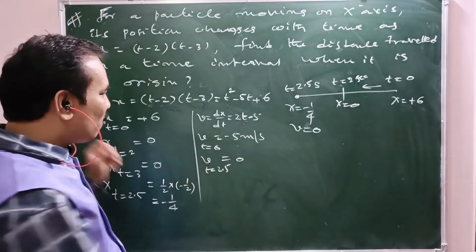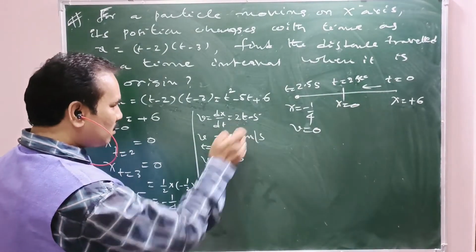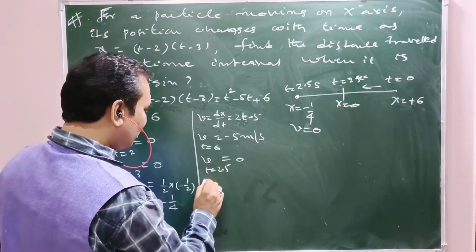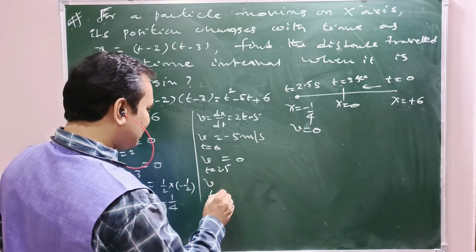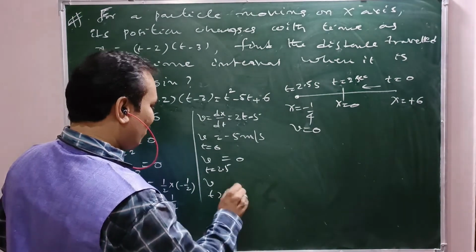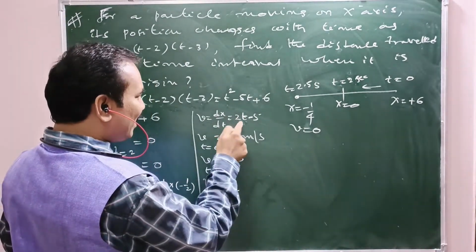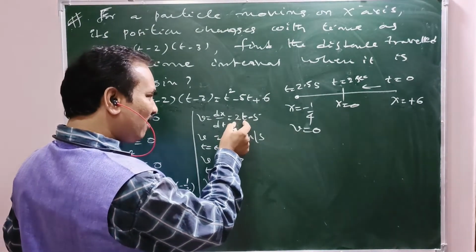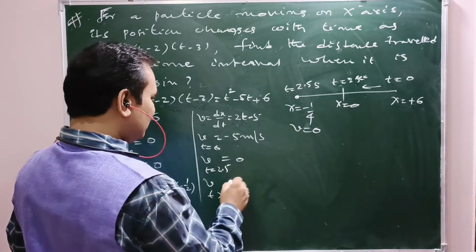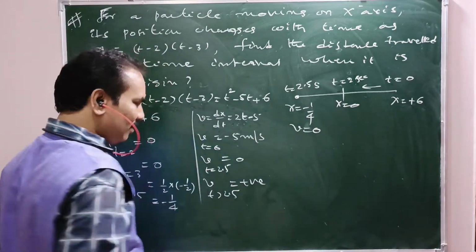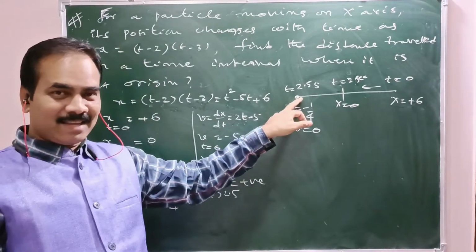If t is greater than 2.5, suppose v at t greater than 2.5, then 2t means more than 5, and more than 5 minus 5 means positive. That is positive. It means retracing.